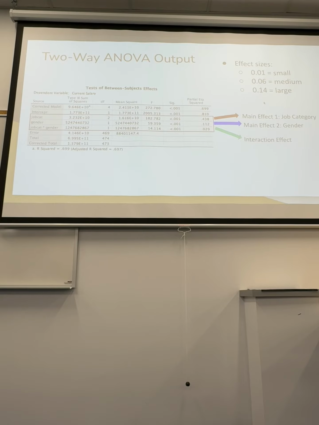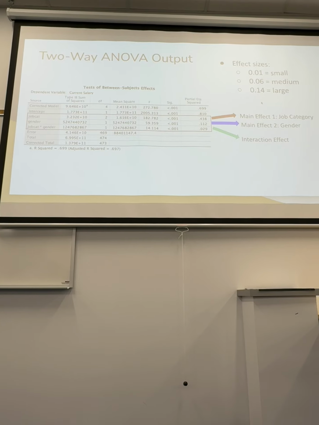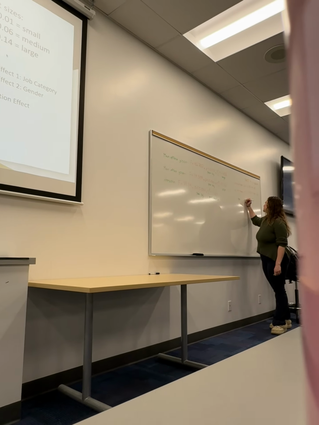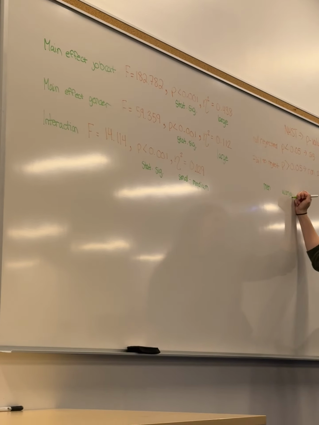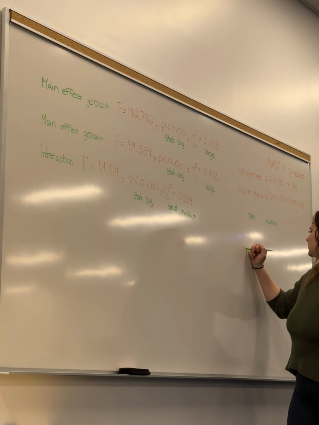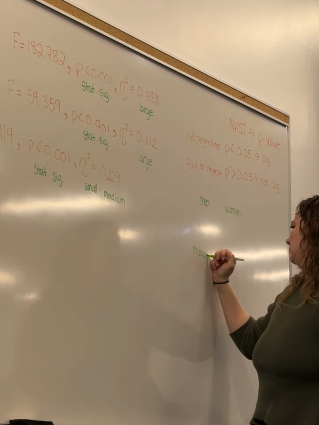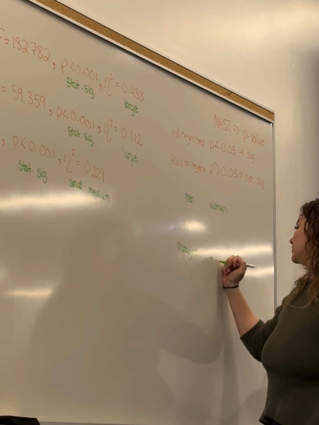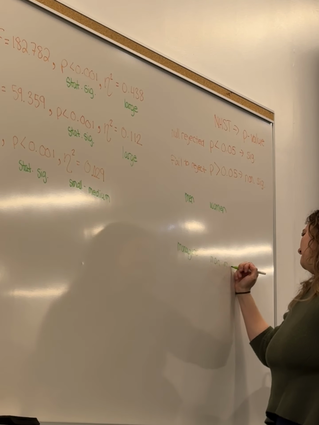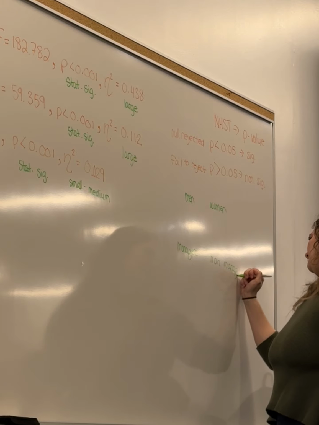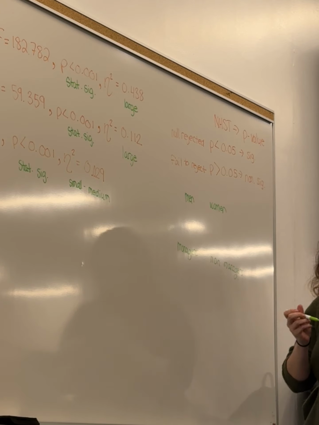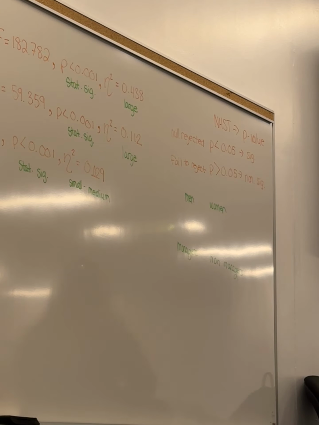So basically, we'll call it men and women for gender, and we'll call it managers and non-managers for job category. Okay? So when you look at your statistics, you'll see means, right? Your average salary.